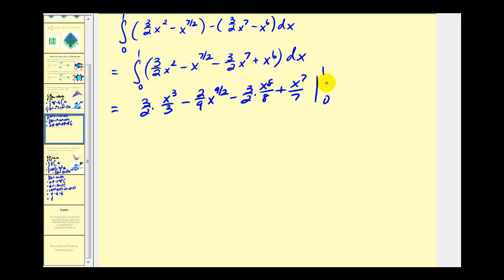Now we need to evaluate this at 1 and 0. But let's go ahead and clean this up before we do that. This is going to be 1/2 x cubed, minus 3/16 x to the 8th, plus 1/7 x to the 7th.